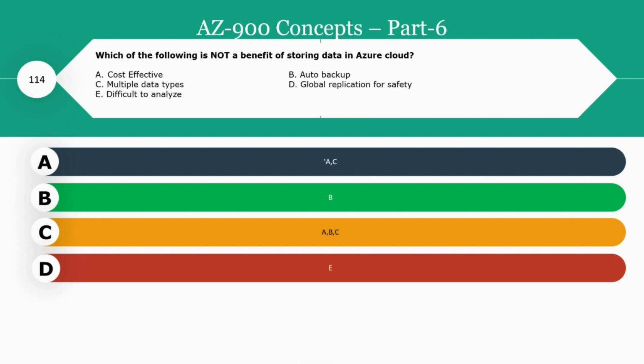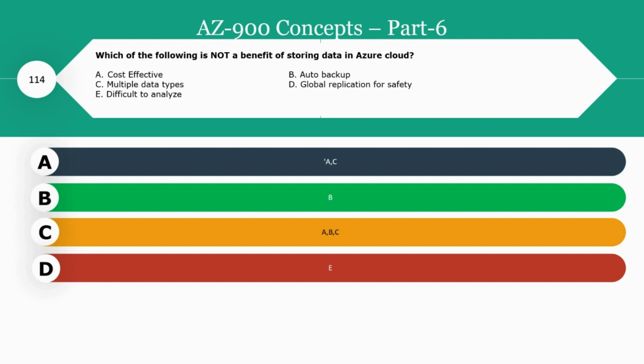Next question is, which of the following is not a benefit of storing data in Azure cloud? Option A, cost effective. Option B, auto backup. Option C, multiple data types. Option D, global replication for safety. Option E, difficult to analyze.